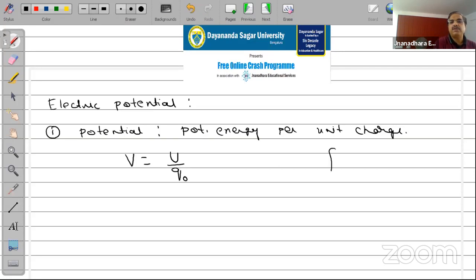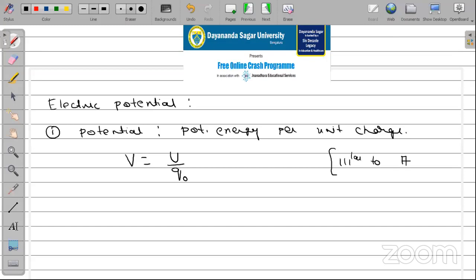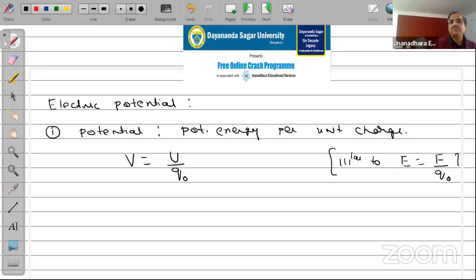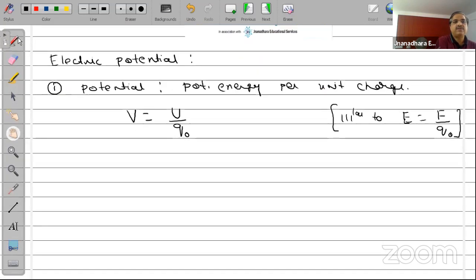This is something similar to the electric field, which was defined as F by Q naught. So potential will be related to the electric field, therefore. Okay, so this is how one can define this. Now, how do we also define it in terms of work done?